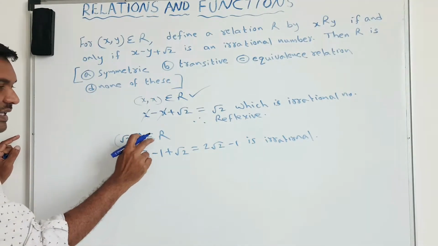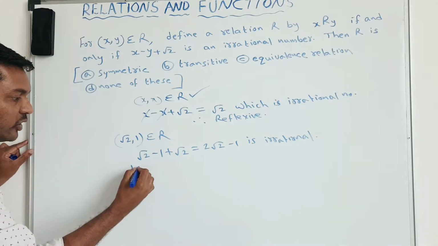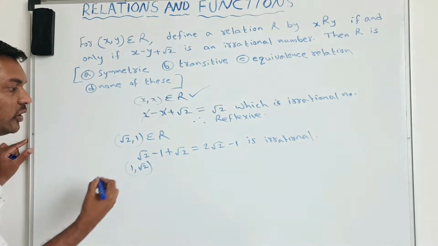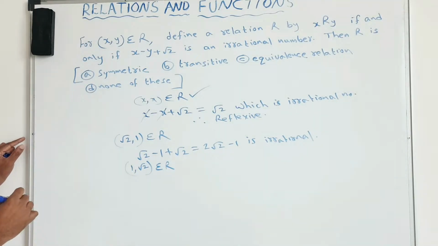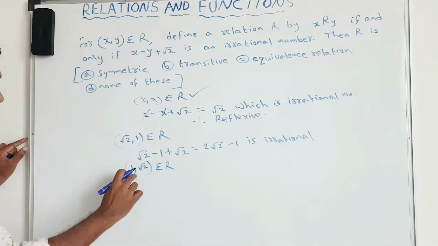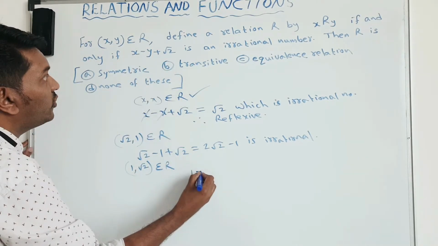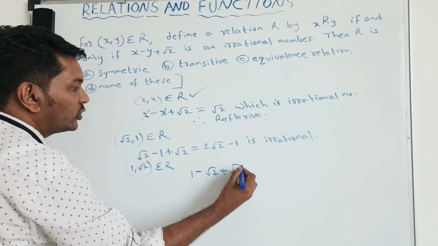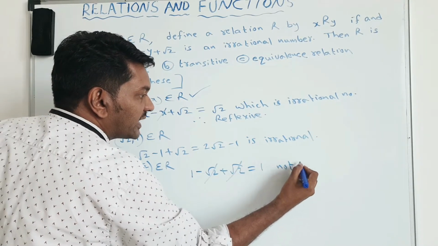So root 2 comma 1 is an element of R. Now I need to check whether 1 comma root 2 is an element of R or not. If 1 comma root 2 is also an element of R, then it is a symmetric relation. Substituting x as 1 and y as root 2, I get 1 minus root 2 plus root 2. I got 1, which is not an irrational number.